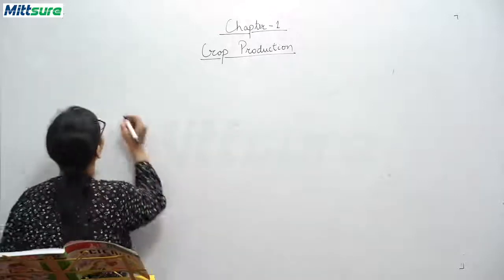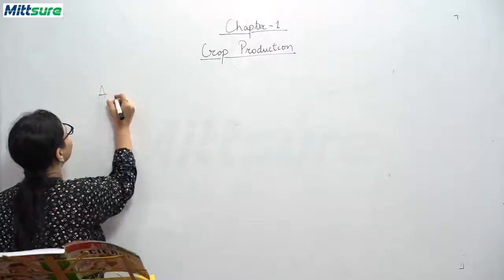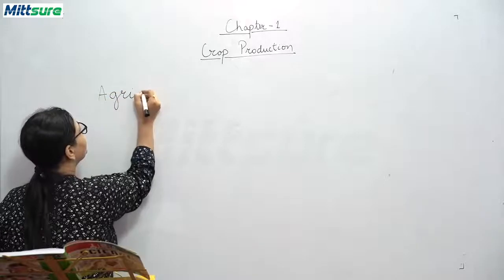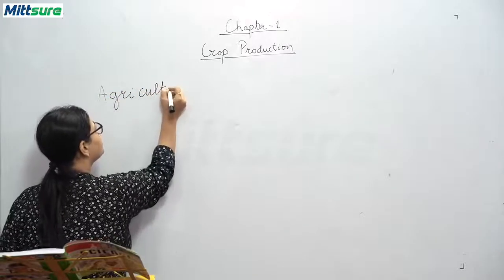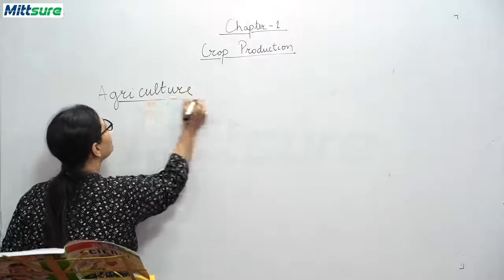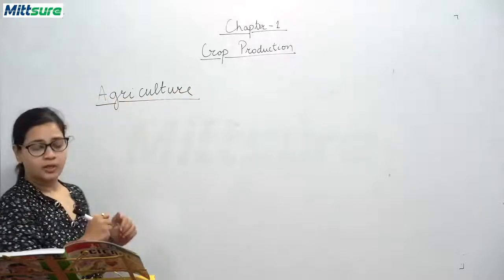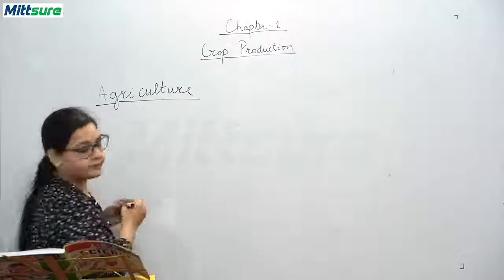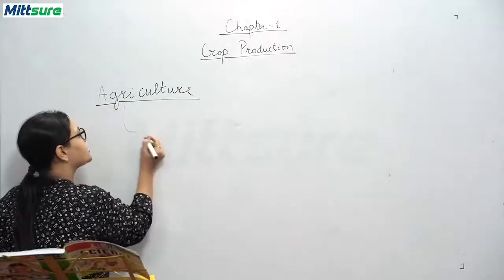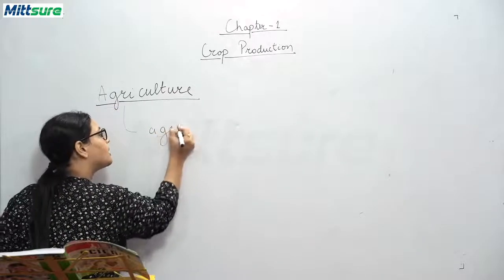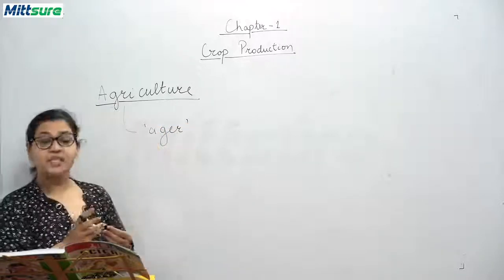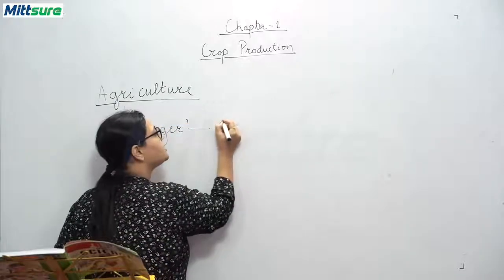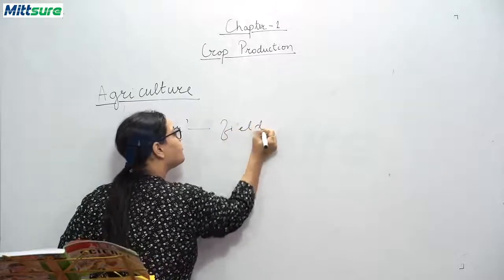Let me write down agriculture. This word agriculture is derived from the Latin word ager. Ager means field.